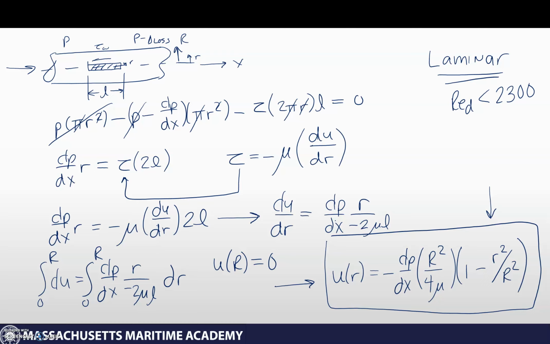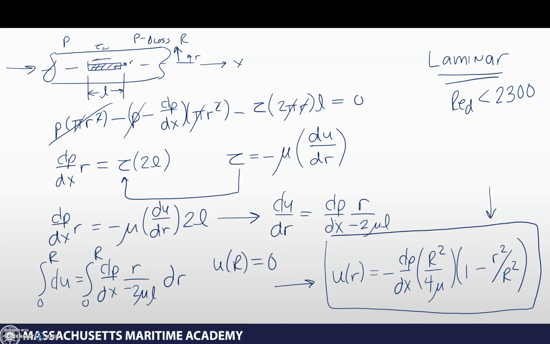Little r is 0 along the center line. So the maximum velocity would be along the center line, which should make a lot of sense, because if we think about the way that entrance length happens before flows fully develop, the center line is the last part of the fluid flow that's inviscid. So there should be the least amount of friction there, so I should expect the fastest speed.